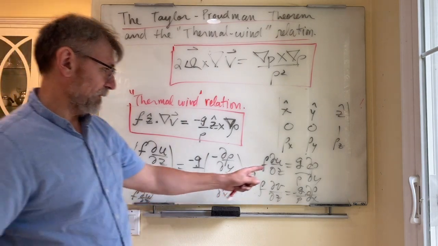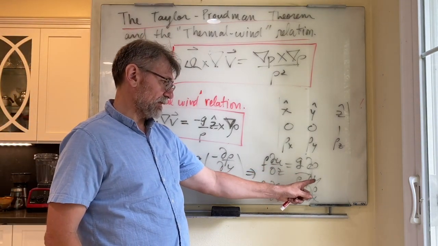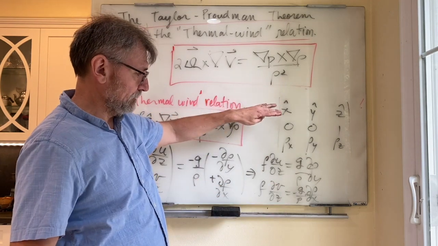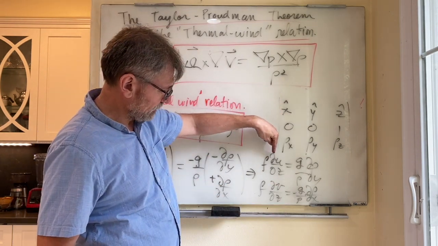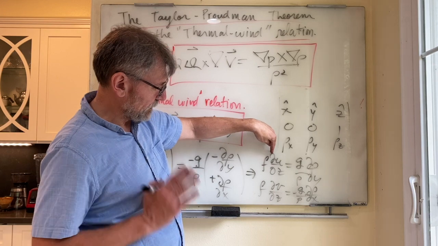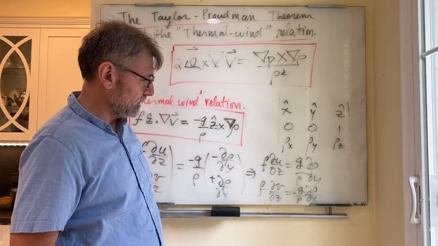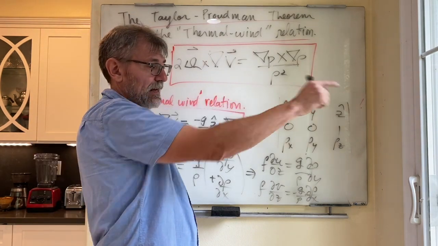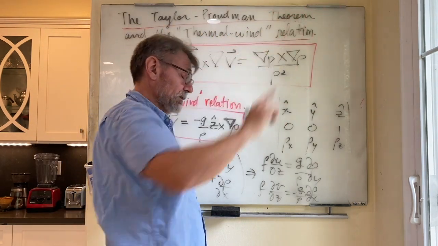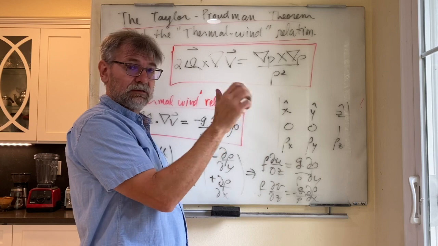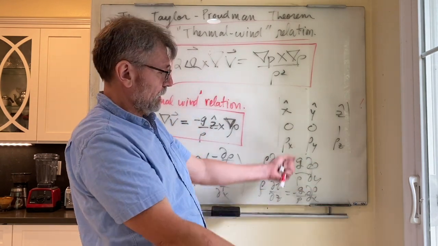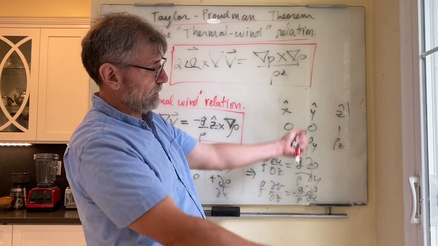So if we look at the first one, it says that if y is the northern direction, and there's a north-south density difference, then we would expect a vertical shear in the eastward component of the velocity. Right? So if this is eastward, and I have fluid that's moving fast here and slow down here, then the spin of the Earth will get tipped over, and that tipping is going to cause the fluid to try to overturn in this direction.